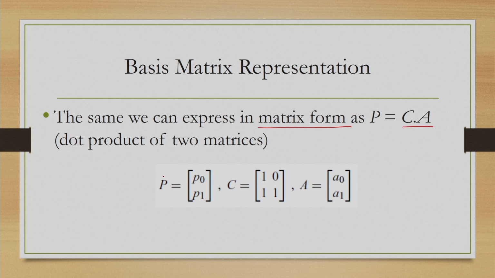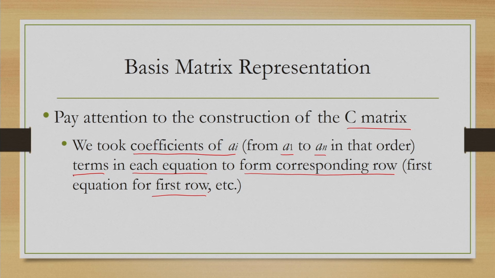We took the coefficients of ai, that means from a1 to an in that order, those terms in each equation to form the corresponding row of the C matrix. So, first equation we took for the first row and so on.